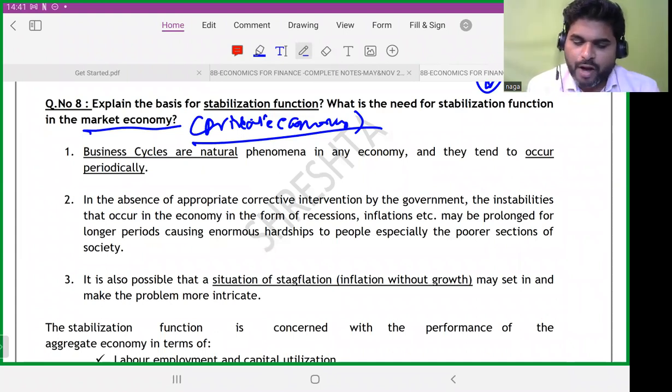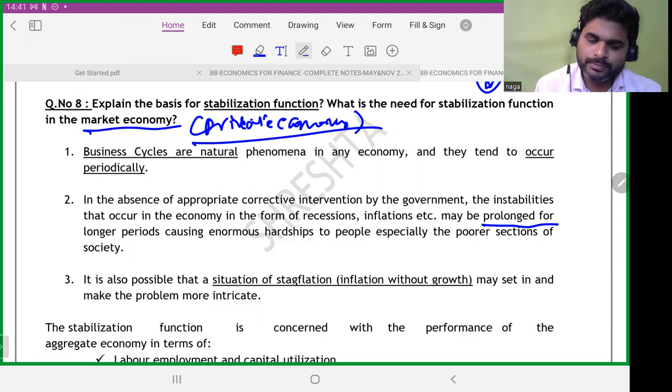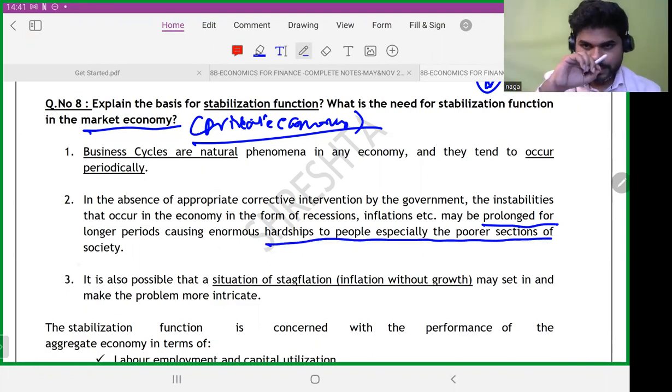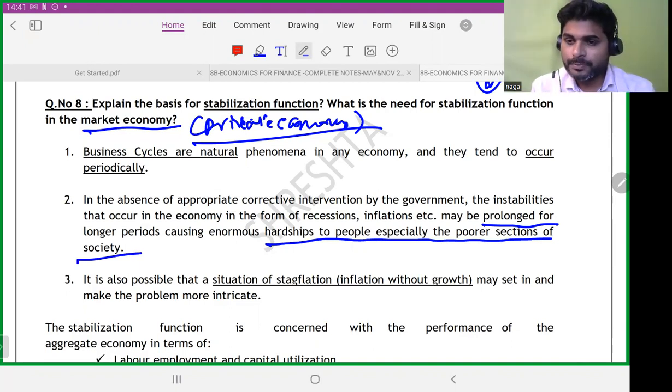In the absence of appropriate corrective intervention by the government, what would happen? The instabilities that occur in the economy in the form of recession, inflation, etc., may go on for a longer period, causing enormous hardship to people, especially the poorer sections of society, right? Assume people lost jobs.